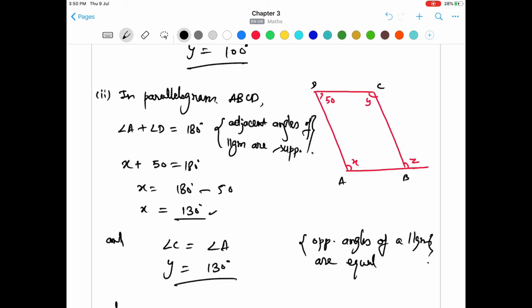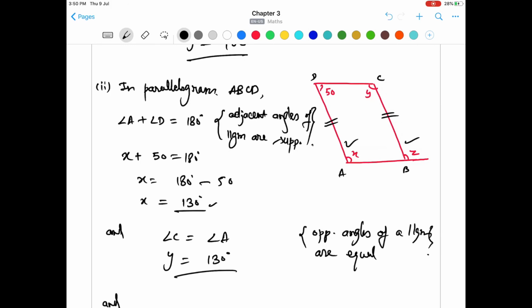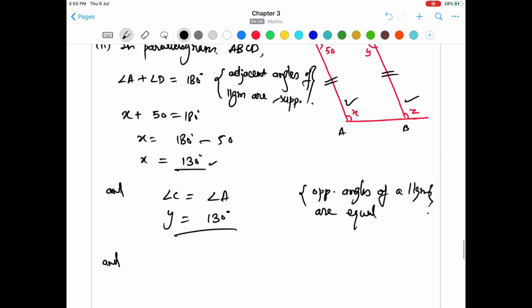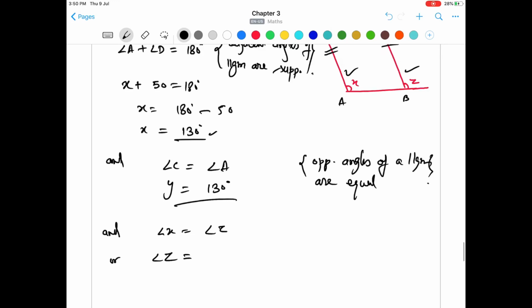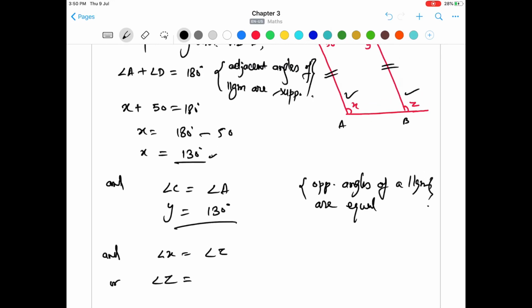This z will be equal to angle A. These two angles will be equal since these two sides are parallel, and this AB will be its transversal. So angle x or angle z will be equal. We'll write angle x will be equal to angle z, or angle z will be equal to angle x, and x we have calculated here, which is 130 degrees.